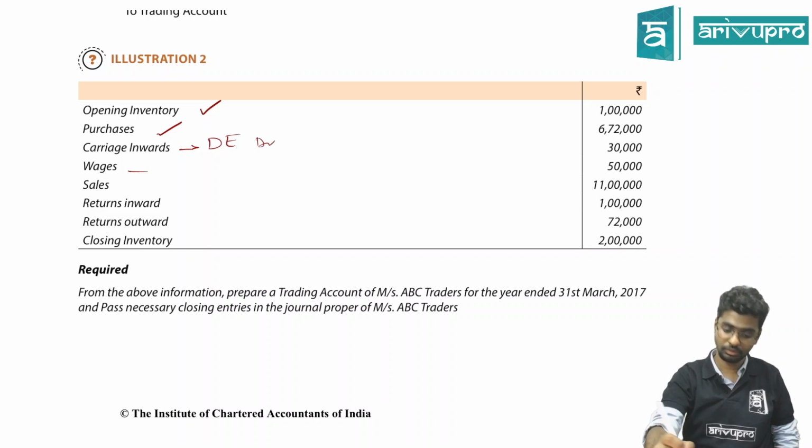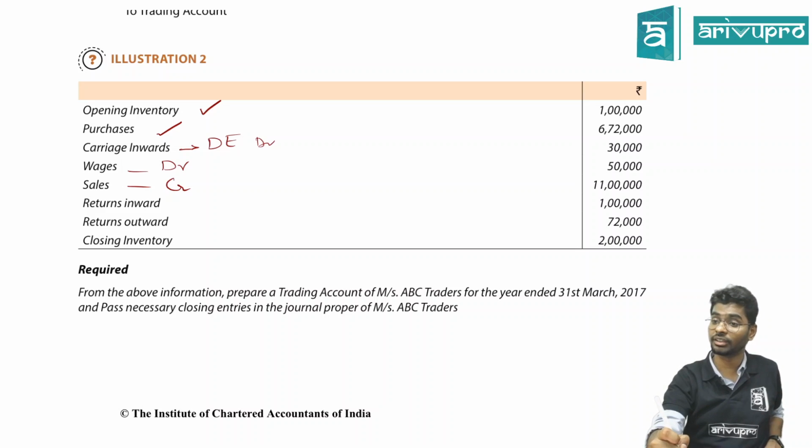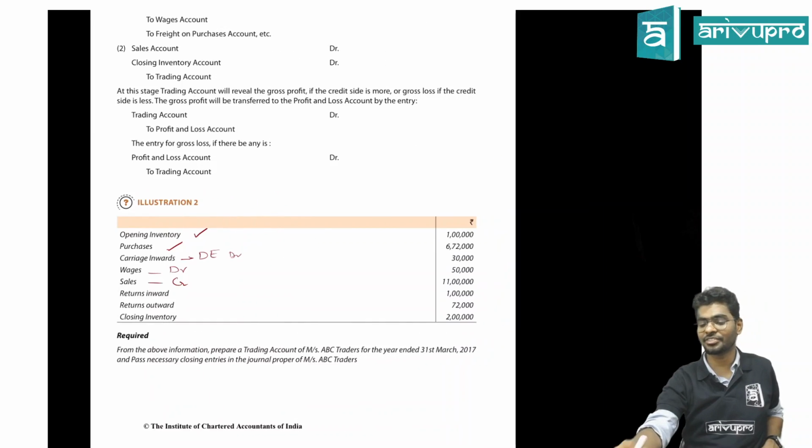Debit side? Wages? Sales? What do you mean by return inwards? Sales or purchase? How do you classify a return inwards?